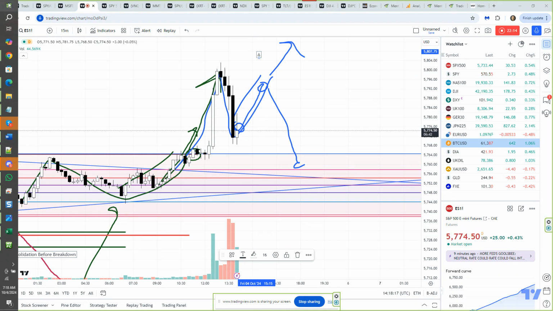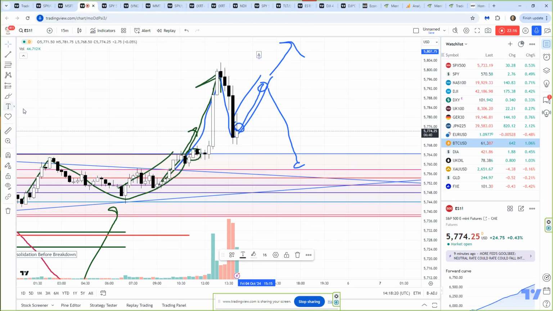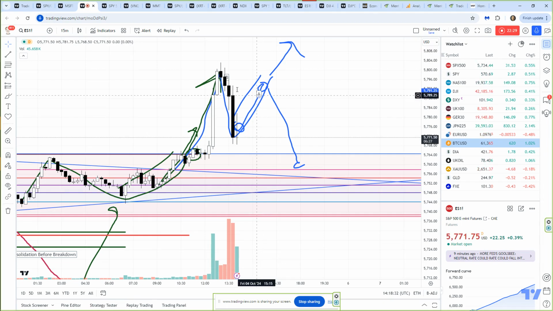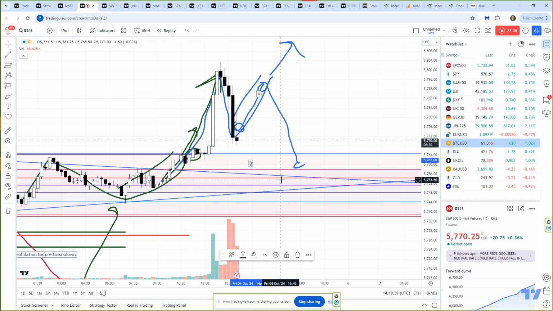That's what I want you to consider. Everything I try to teach you should be giving you that A or B outcome. Either A, it's going to flag right here, or B, it's going to continue to move downward before it actually starts to flag. So we need to get some confirmation of a flag.